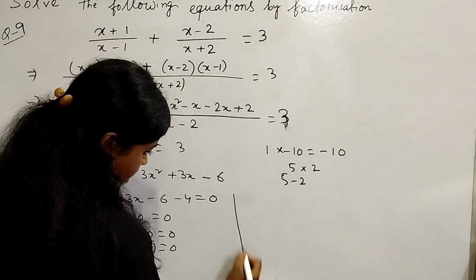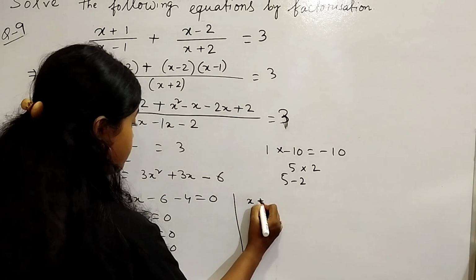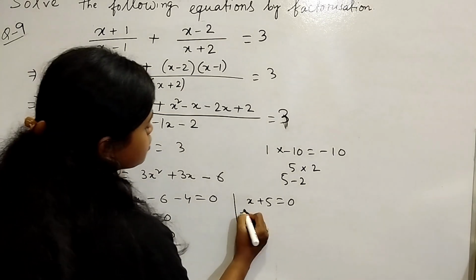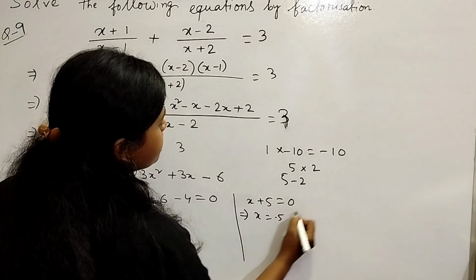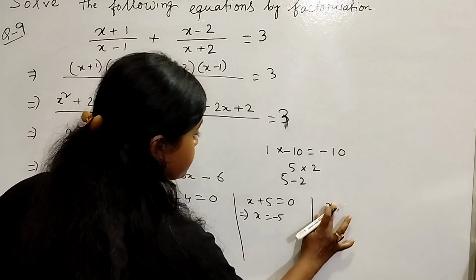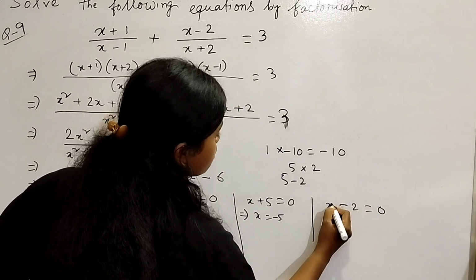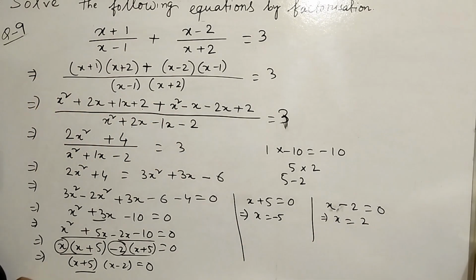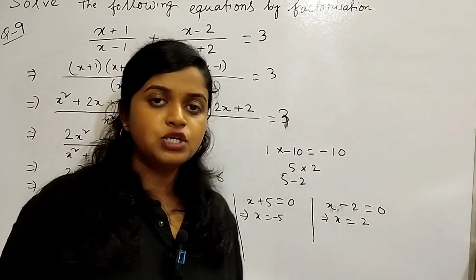Now we have to find out the value of x. So x plus 5 equal to 0, we get x equals to minus 5, and x minus 2 equal to 0, so we get x equals to plus 2. So the values of x are minus 5 and 2.